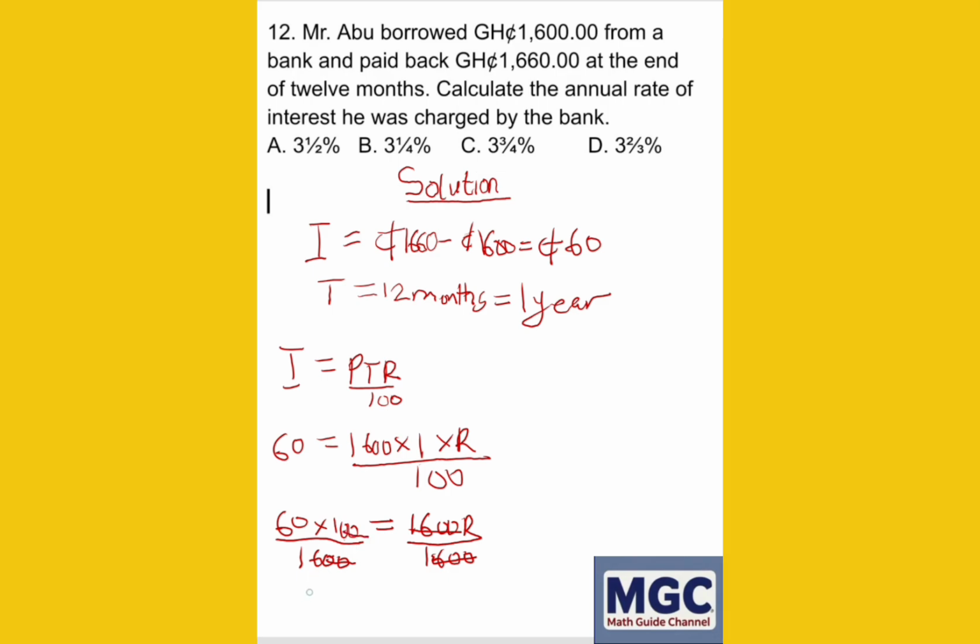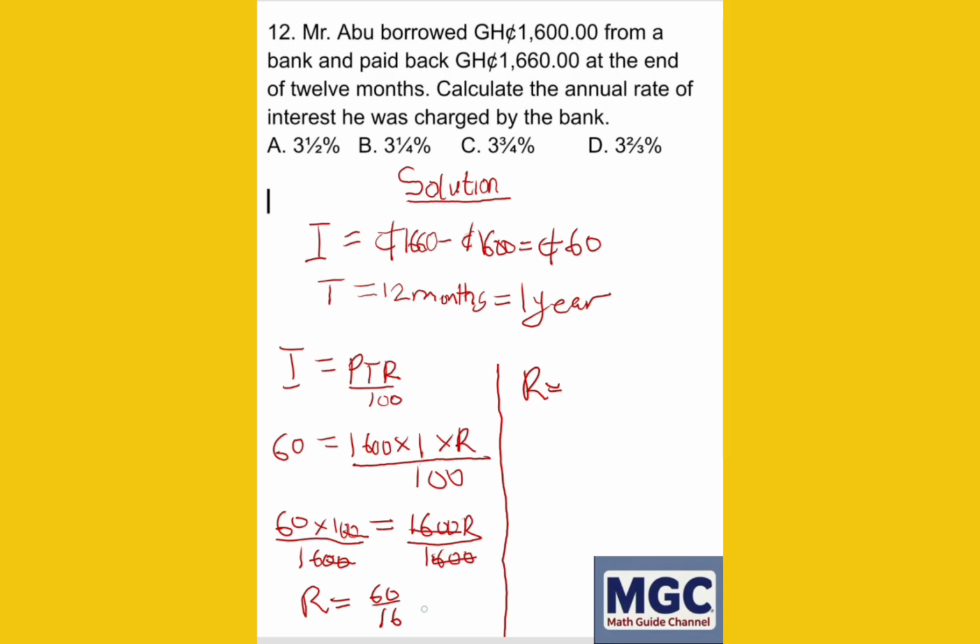Then we have our rate to be equal to 60 over 16. So let's simplify this. Our rate will then be equal to, we look for a number that can enter both 60 and 16. 4 can enter into 60 and 16.